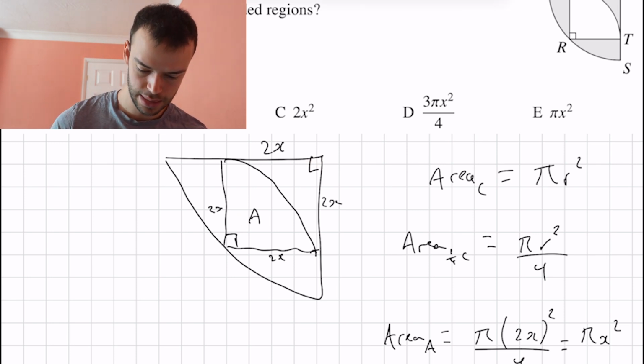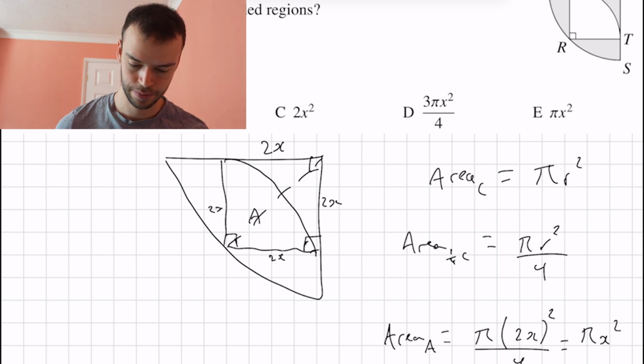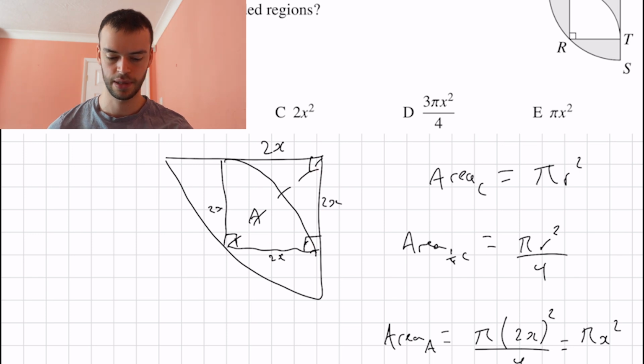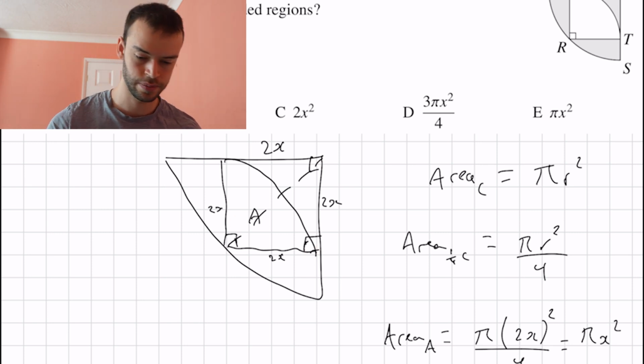Well, I can see that I can make a right-angled triangle, this one here, where the length of the base is 2x, the length of the height is 2x, and I can use Pythagoras' theorem to get the hypotenuse.